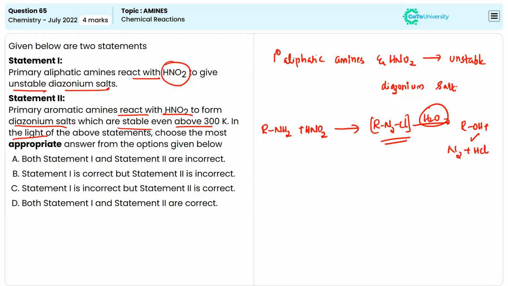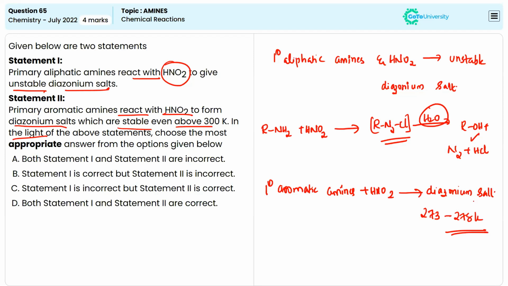Now when you take primary aromatic amines plus HNO2, okay, so what is the reaction here? They also produce diazonium salt. And the thing is they are stable at a temperature between 273 and 278 Kelvin.